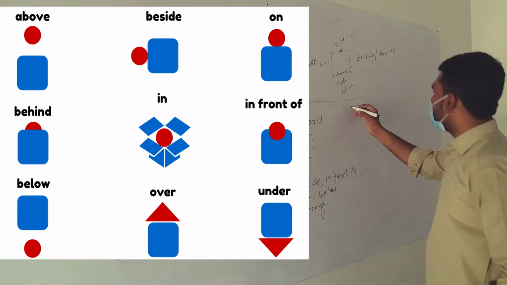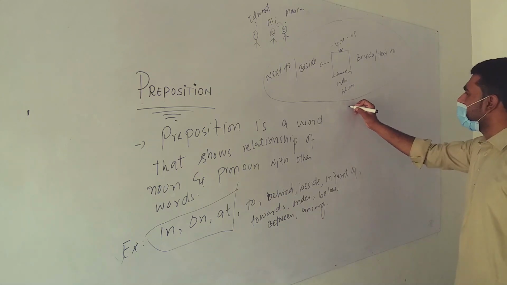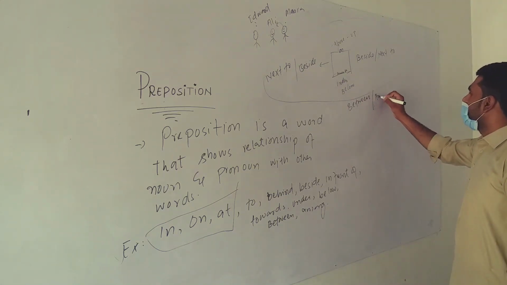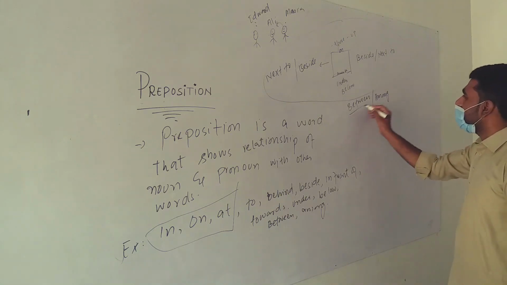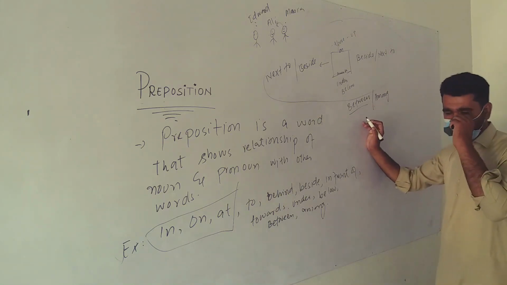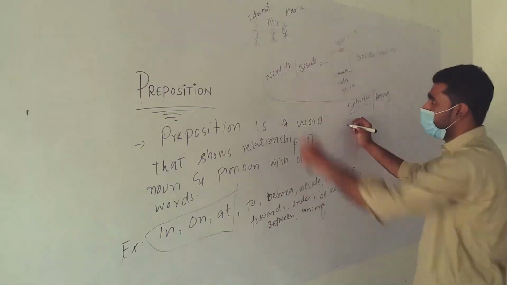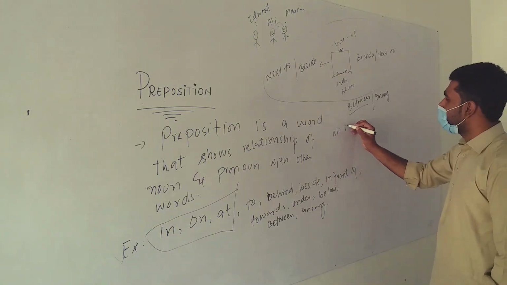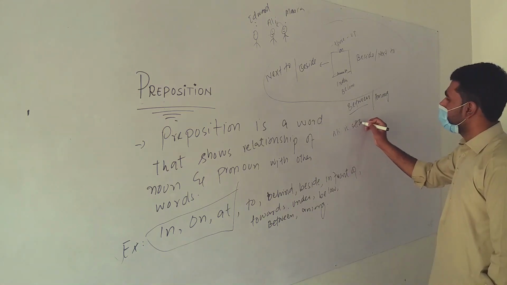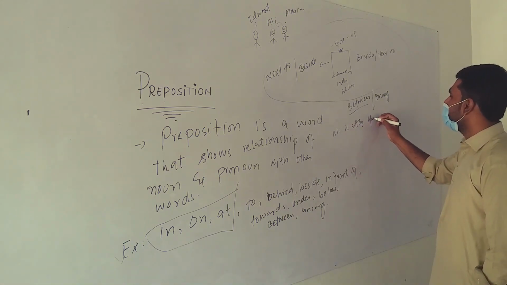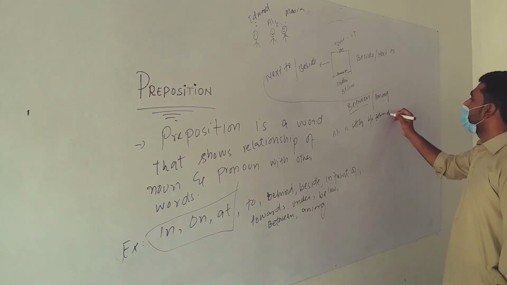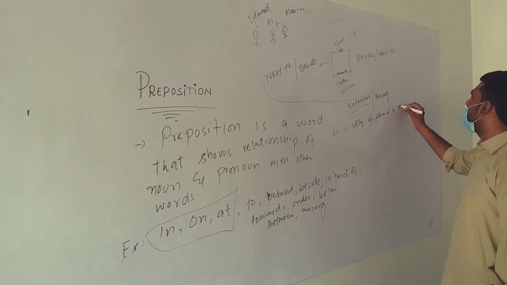Now we should come to the other prepositions like between and among. So between can be used for two people. For example, here Ali is sitting between Edward and Maria.